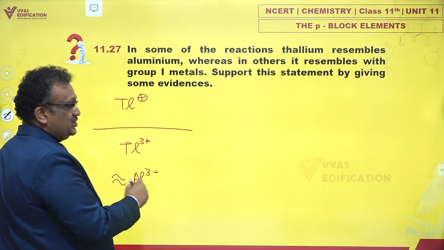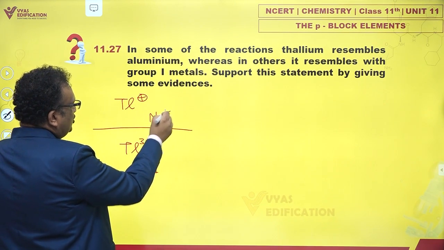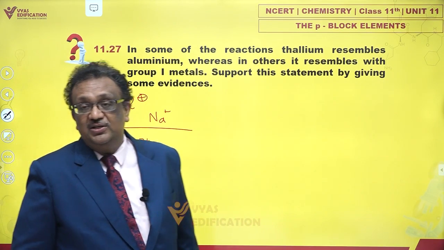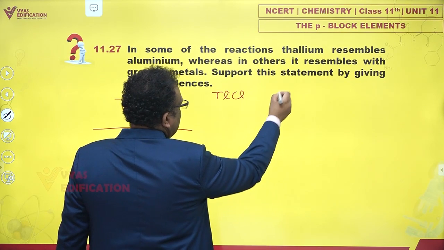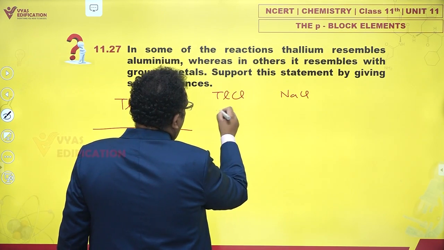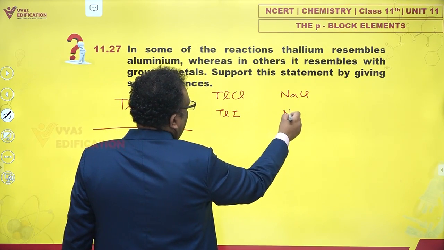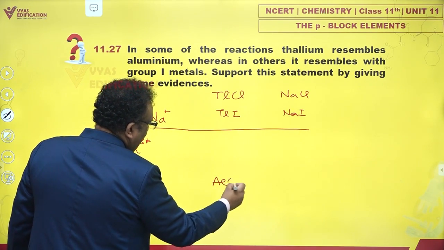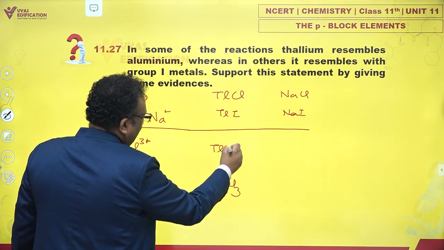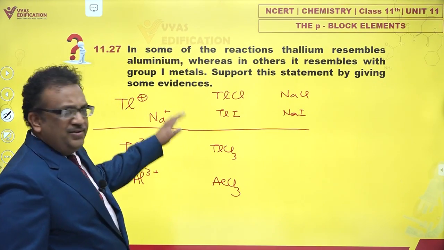And whenever it shows +1, it would resemble something like sodium or group 1 elements. For example, it can form TlCl just like NaCl, or TlI just like NaI. At the same time, AlCl3 and you get TlCl3. So yes, are there similarities?